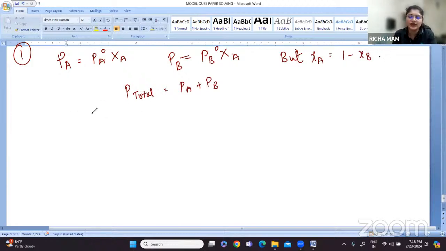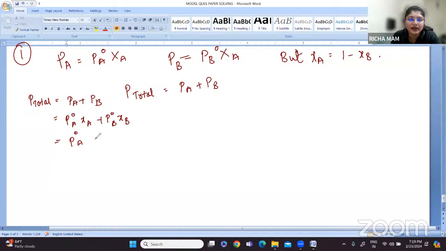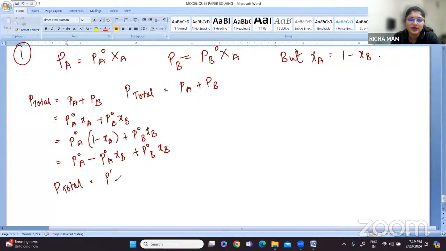So P total is PA plus PB, where PA is P naught A into XA plus P naught B into XB. Taking XA as 1 minus XB, P total is P naught A plus XB into (P naught B minus P naught A).